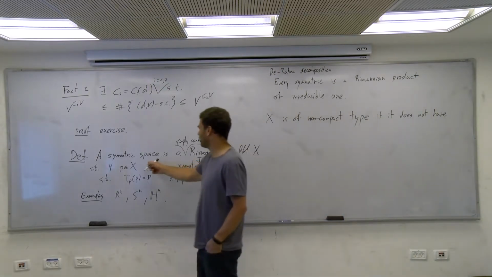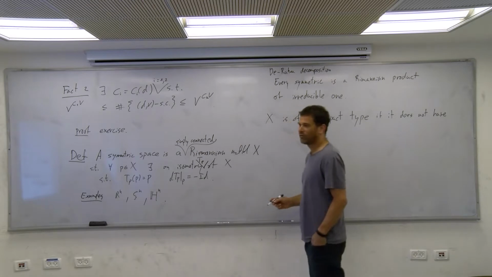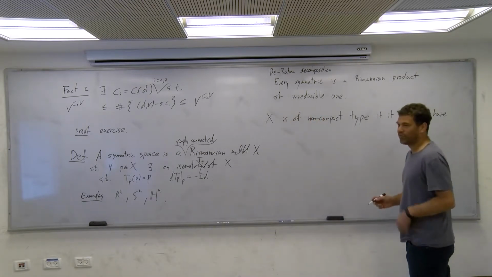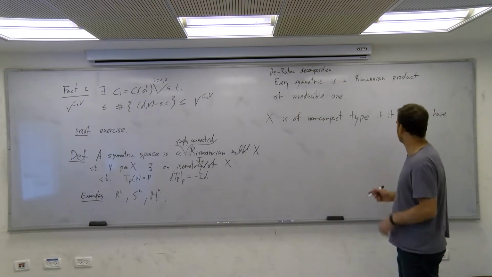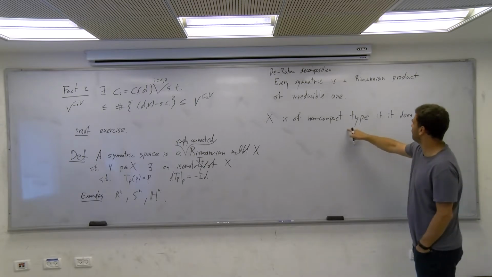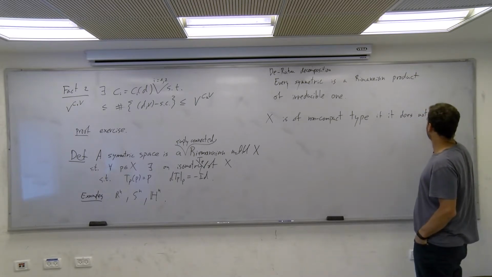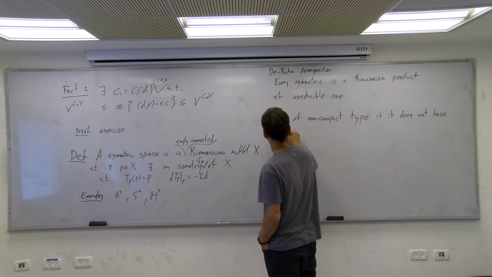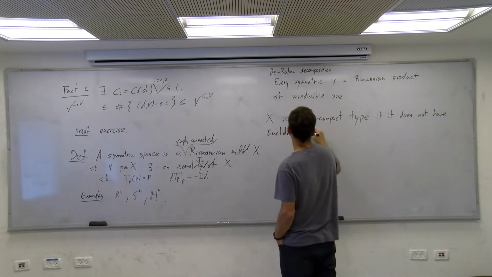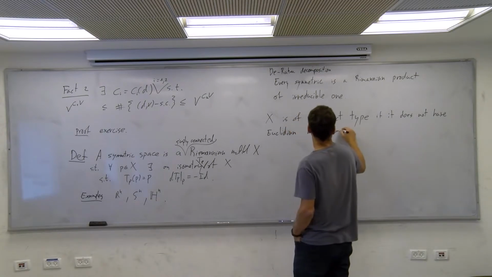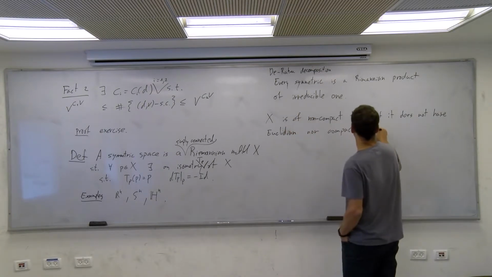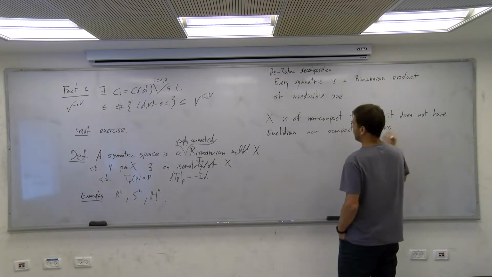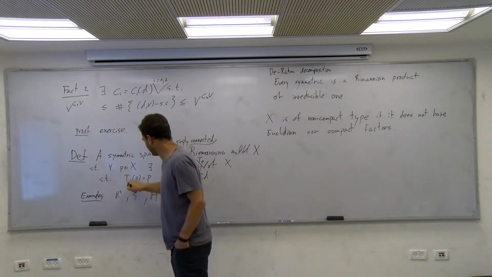We speak about finite dimensional manifolds. Yeah, we stick to finite dimensional manifolds in this course. So it's of non-compact type if it does not have a Euclidean factor, no compact factor. So I don't want a factor like this or like that.